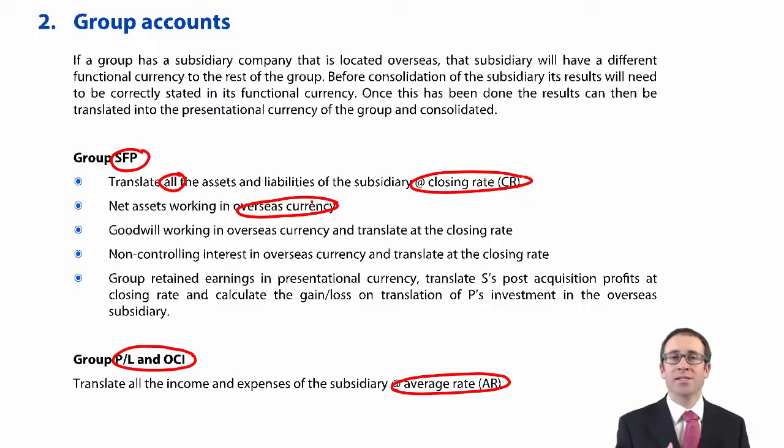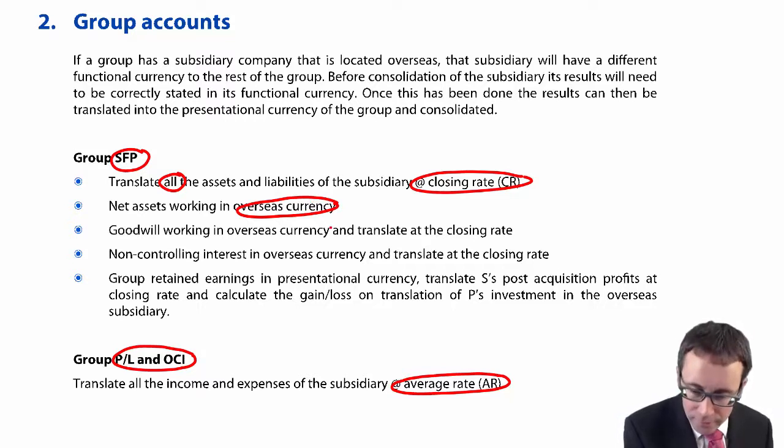You look at the net assets at the reporting date, at acquisition and post acquisition. Still share capital, still retained earnings, still PUP adjustments, still fair value adjustments, but everything is done in the overseas currency, so the functional currency of the sub.